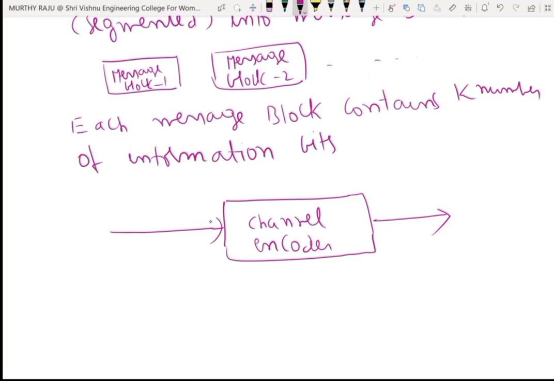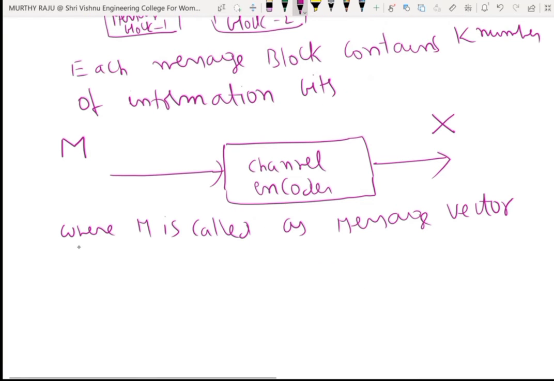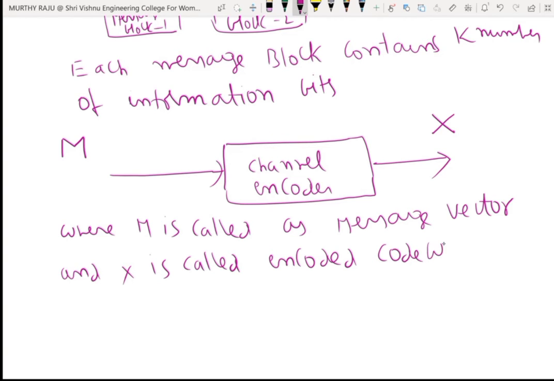That means the input to the channel encoder is a message vector represented by capital M. The output of the channel encoder is the encoded code word or code vector represented by capital X, where M is called the message vector and capital X is called the encoded code word or code vector.